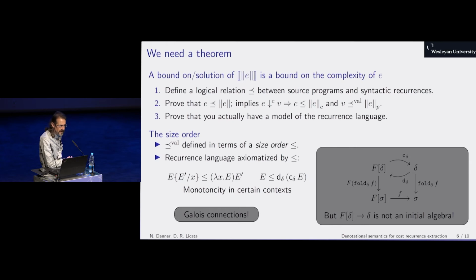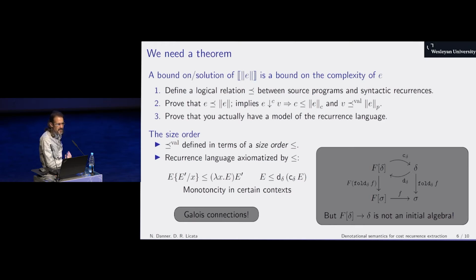For all this to fly, of course, we need a theorem that ties all of this together. And what does that boil down to? We start off doing that syntactic translation, which is these vertical bars. And we're basically saying that a bound on the denotation of the syntactic extraction of the original program must be a bound on the original cost of the program E. We break that into two steps, one involving a logical relation that relates programs in the source language to syntactic recurrences in the syntactic recurrence language.